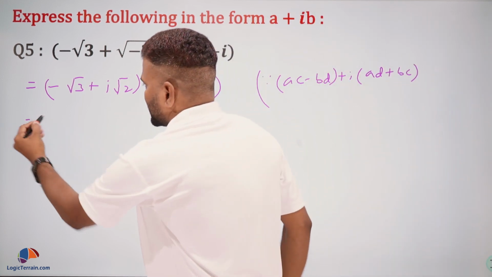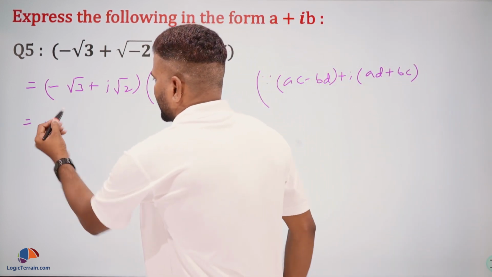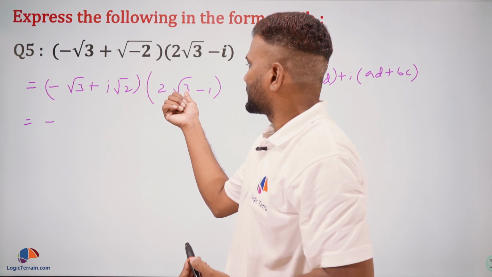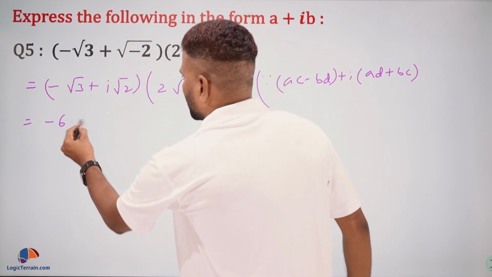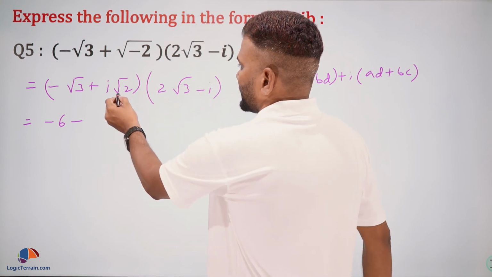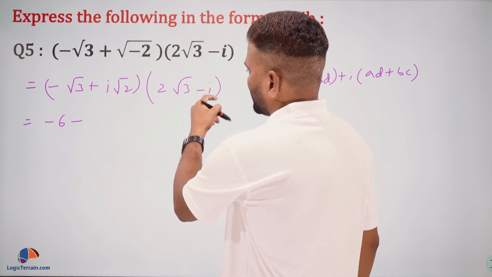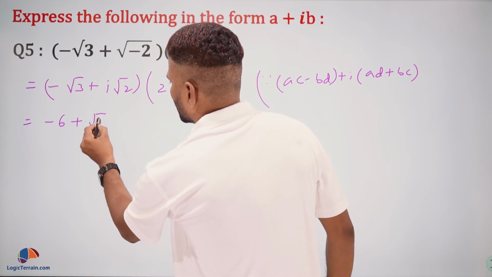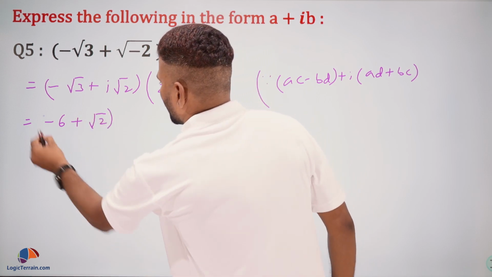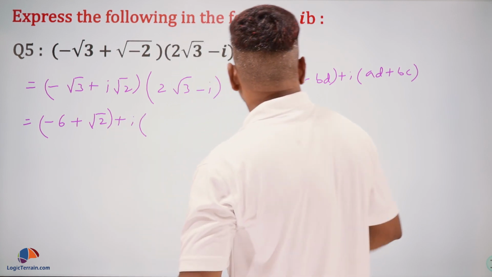So we'll multiply this, negative into positive negative, square root 3 into square root 3, 3 twos are 6, minus BD, minus square root 2 into here i square, coefficient 1, that is 2 into negative positive, this becomes square root 2, plus I of AD.